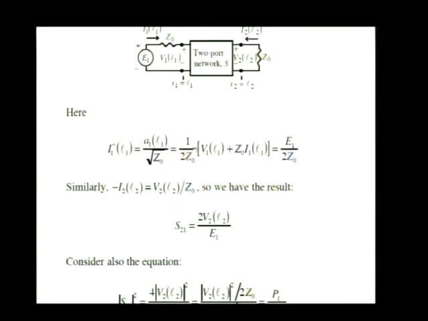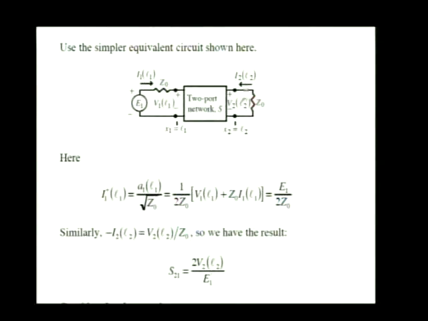That can be used along with the original circuit that we were looking at. Here's the original circuit, Thevenin equivalent source connected up to port 1, matched load connected up to port 2, and doing a little bit of circuit analysis to figure out what that ratio here is equal to. Here's the result.